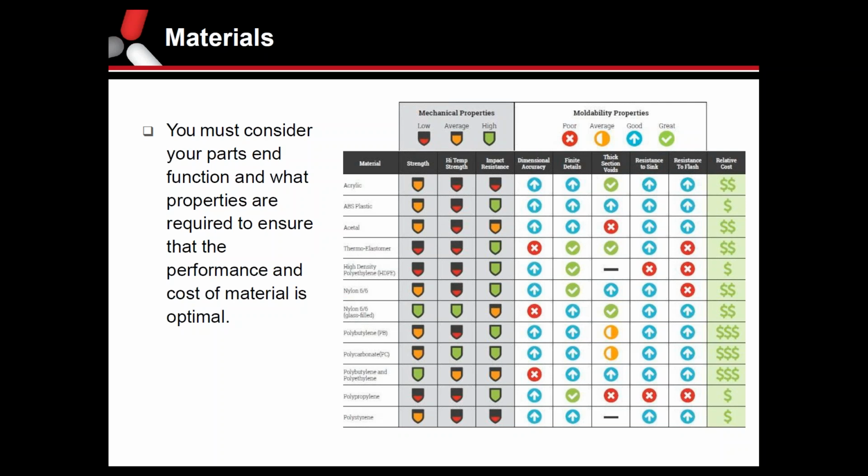And each material has its own properties that are better for certain applications, whether it's rigidity or flexibility, strength, viscosity. It also affects the fill and flow of the material through the tools. So a lot of times certain materials rely on a certain wall thickness in order to flow properly. So all that needs to be considered when you're looking at materials for your part.